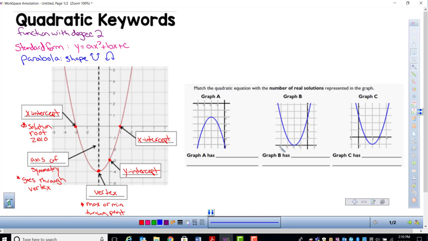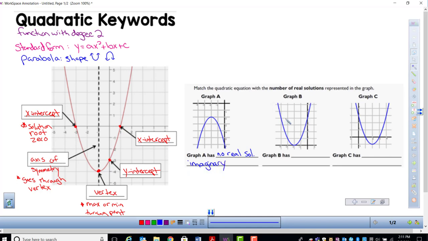So these 3 graphs, we need to write down the number of real solutions. So on this one, we had 2. We can have a maximum of 2 because of our degree of 2. This one does not touch the x-axis at all, so there are no real solutions. Well, we can either say there's no real solutions or we can say that they are imaginary. Most of the time we will say they are imaginary.